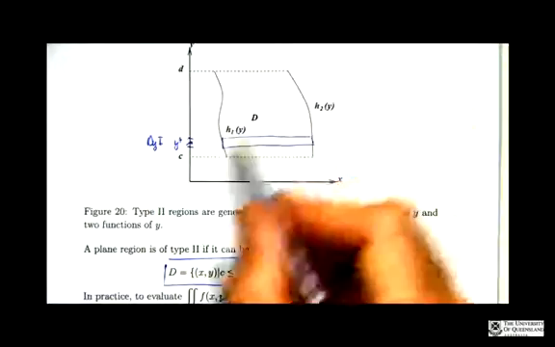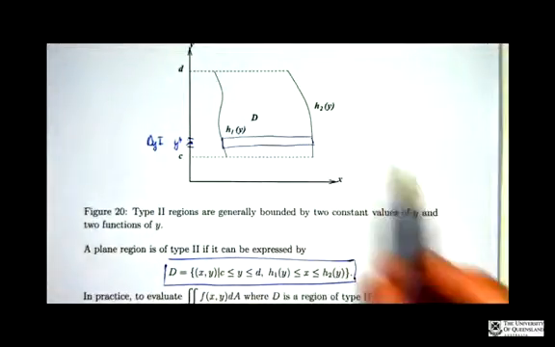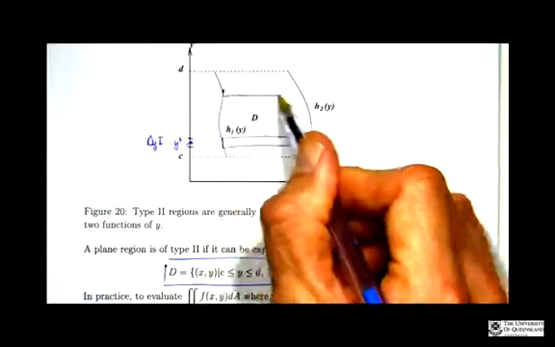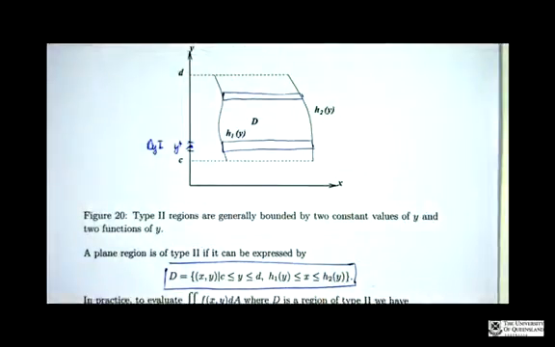So you can see as we move up the y-axis to the different subintervals, the lengths of these rectangles will change depending on what the functions h1 and h2 are doing.